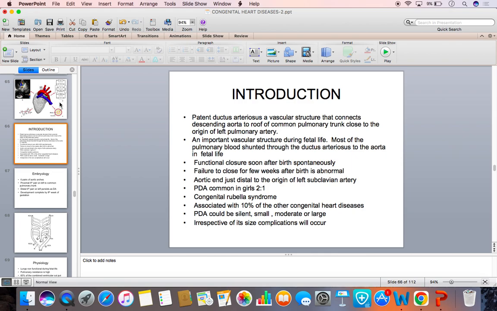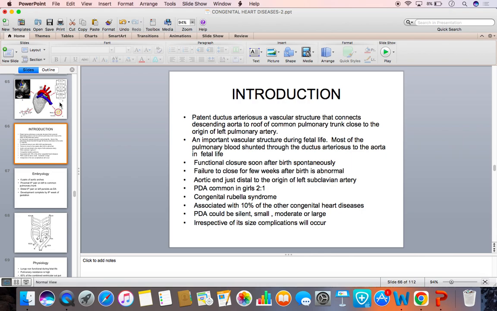Most of the deoxygenated blood is pumped from the right ventricle to be received by the placenta, and ultimately received by the heart, thereby getting it reoxygenated. This is the importance of the persistent or patent ductus arteriosus during fetal life.